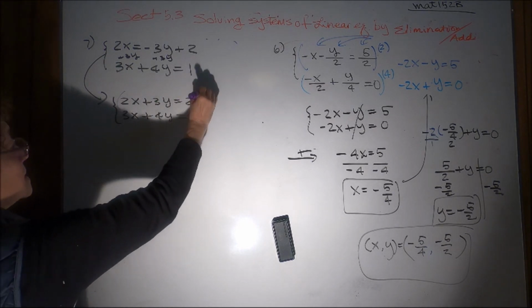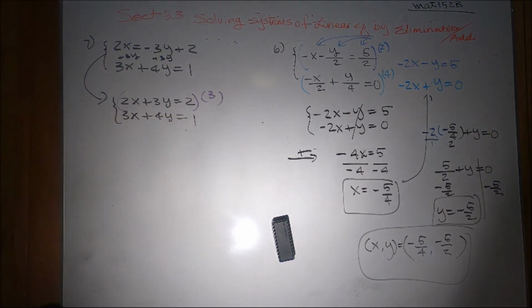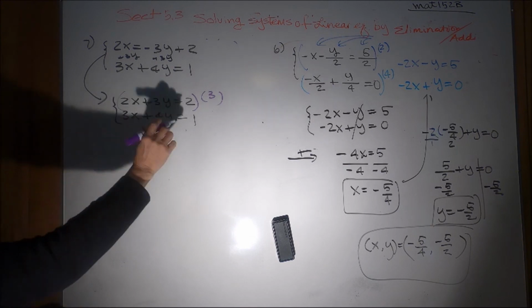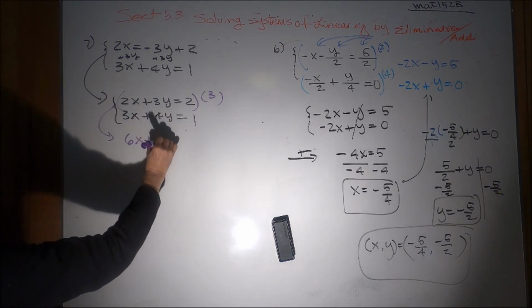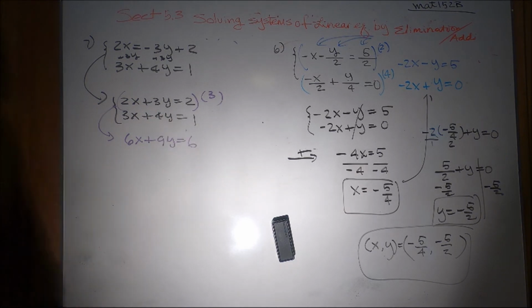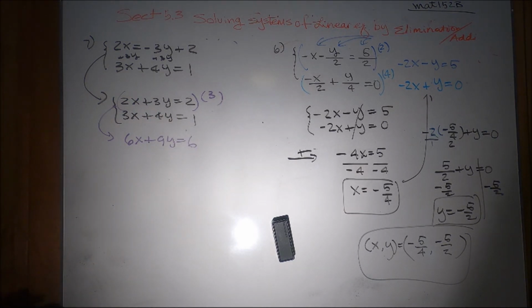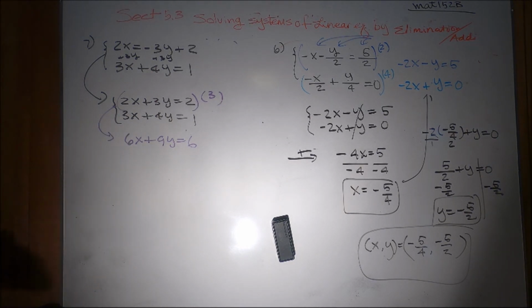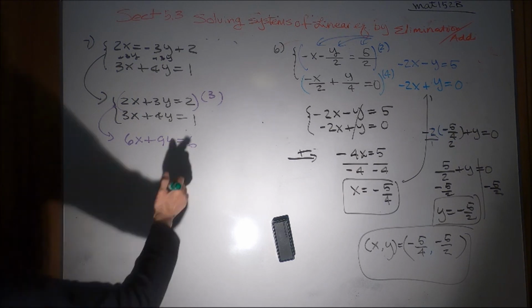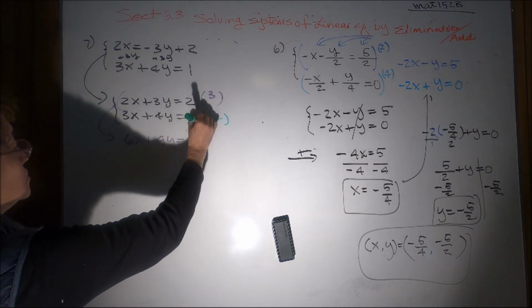Then to eliminate x, I want to make it 6. So I times 3, what should I have? I should have 6x plus 9y equals 6, right? Then the second one, I want to make it 6, but with the opposite sign, so I need to multiply by -2.